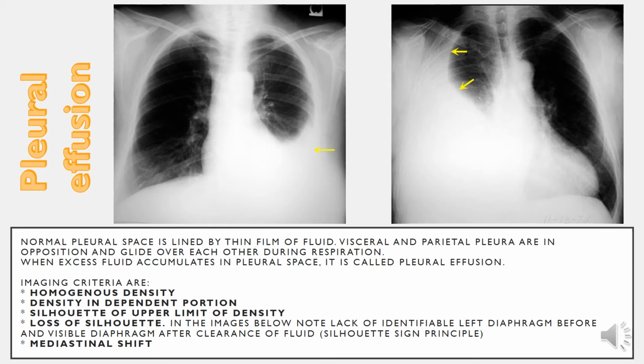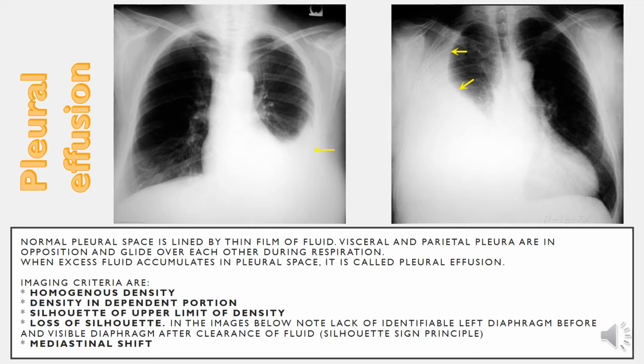Pleural effusion. The normal pleural space is lined by a thin film of fluid. Visceral and parietal pleura are in opposition and they glide over each other during respiration. When excess fluid accumulates in the pleural space, it's called pleural effusion.